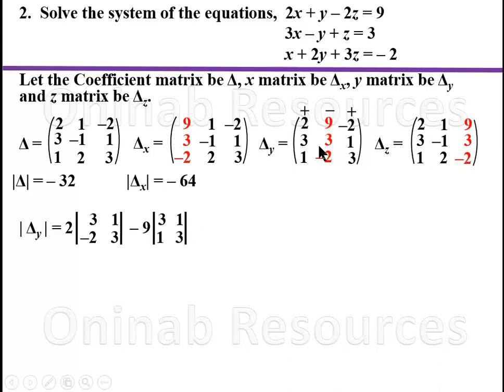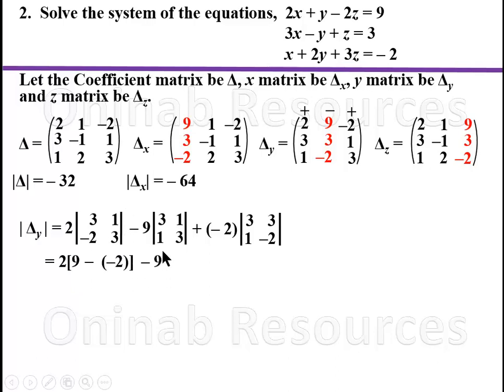So the third column, this is plus negative 2. Delete the column, delete the row. We are left with 3, 3, 1, and negative 2. We then evaluate the determinants we have in there. So we have 2 here. 3 times 3 gives 9, minus negative 2 times 1 gives negative 2.